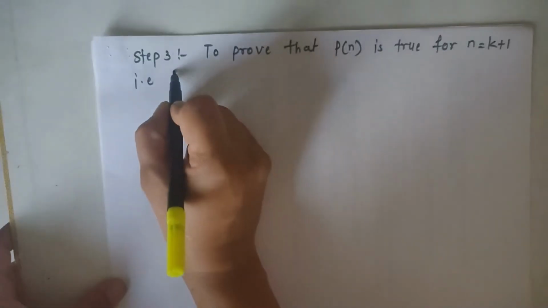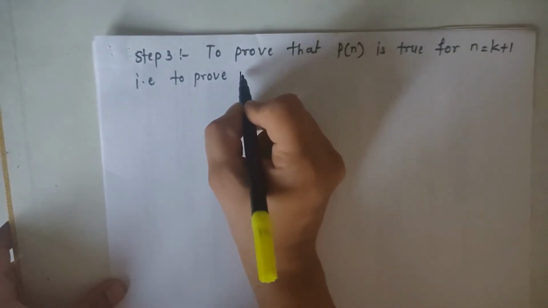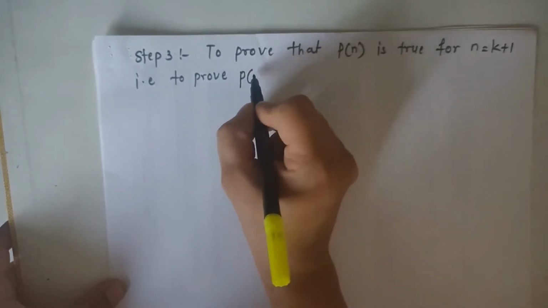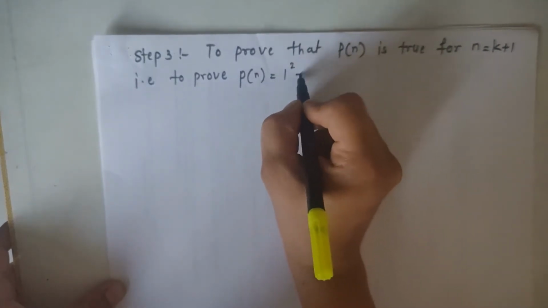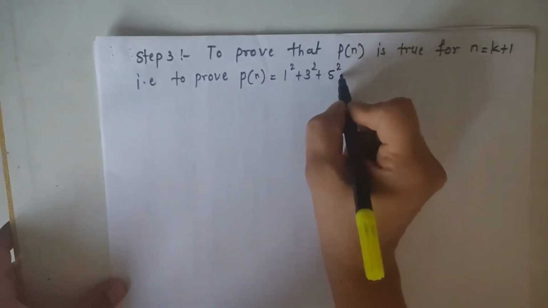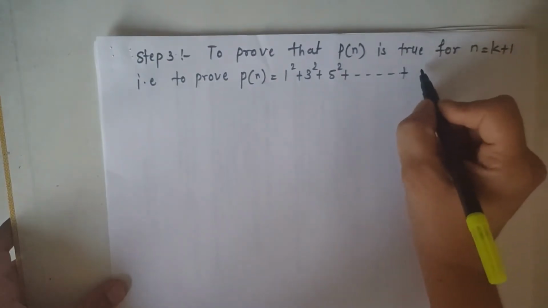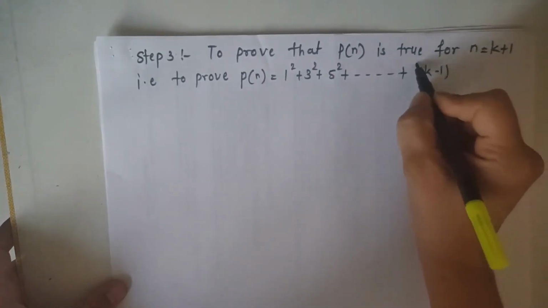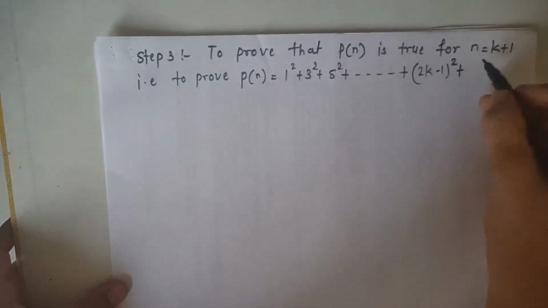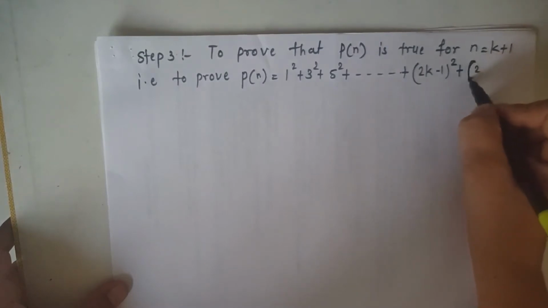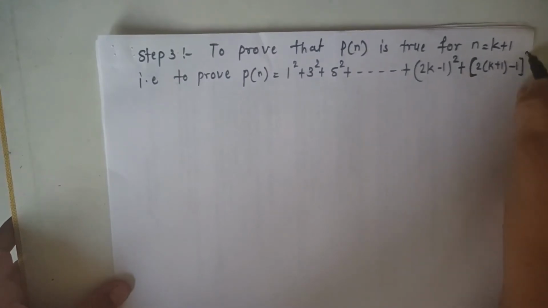The next step is to prove here P of n, that is 1 square plus 3 square plus 5 square plus, the second last term is (2k minus 1) bracket square, and the last term is (2 into (k plus 1) minus 1) bracket square.